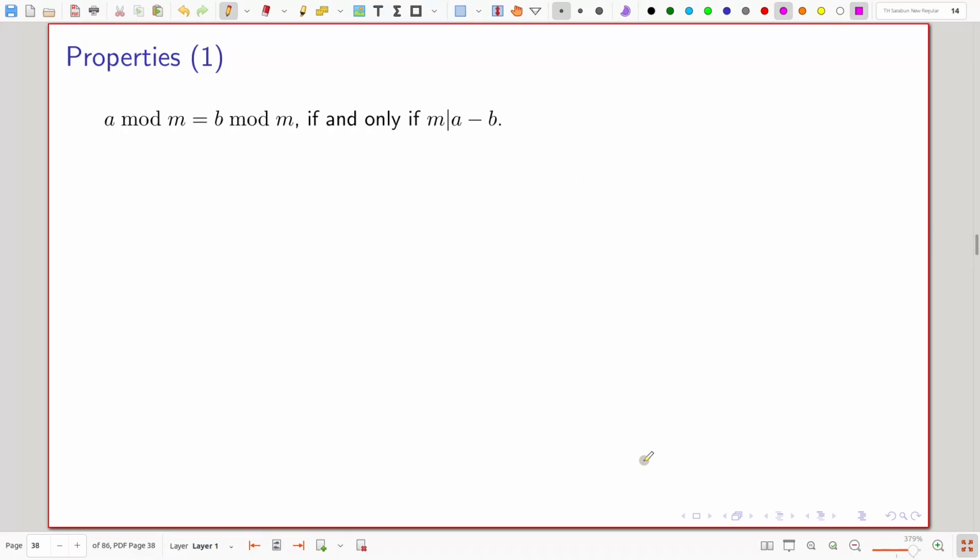I'll come back to this property later on, but we'll prove that A mod M equals B mod M if and only if M divides A minus B. Before we prove that, let me give you not a proof, but the idea of the proof as pictures.